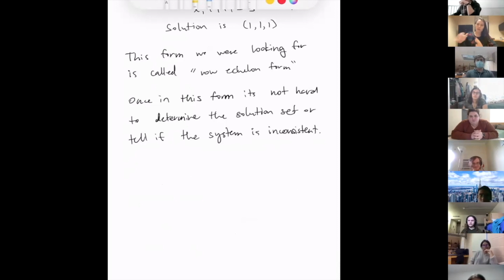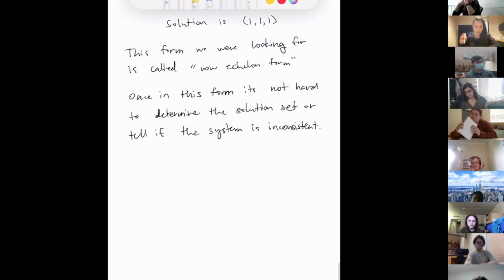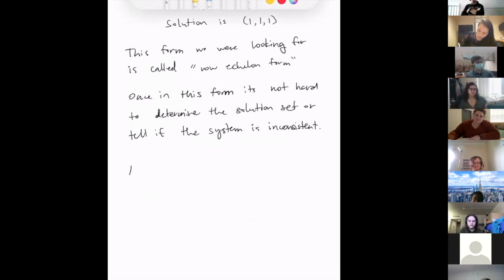Okay, so I'm going to go over the definition of this row echelon form, but it sounds a little weird and it's a lot easier to understand if you look at examples. So I'm just going to write out the definition and then we're going to look at examples. First we have two definitions that we'll have to go over.